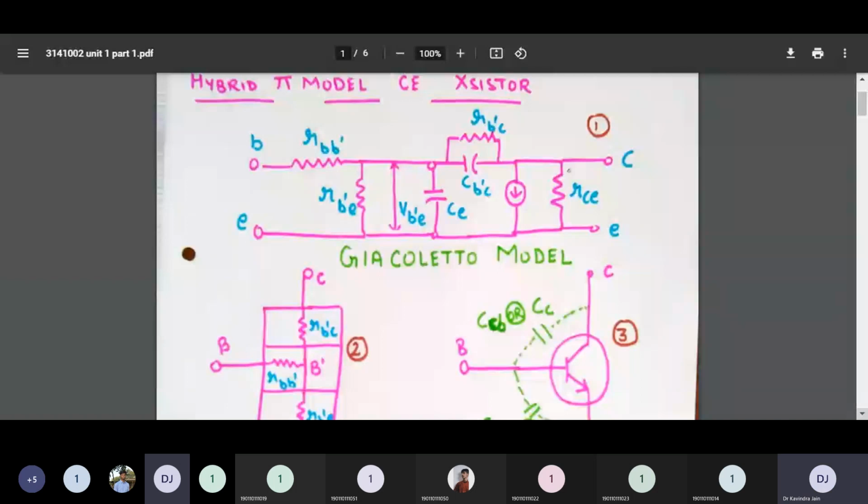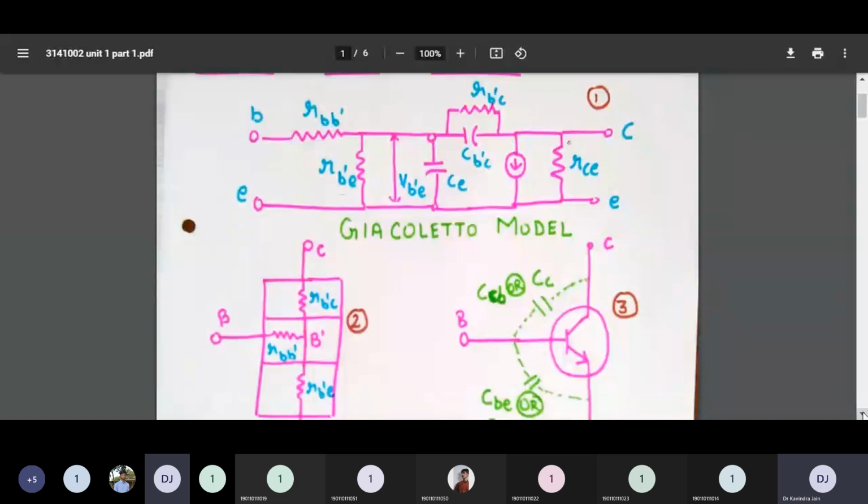So, a change in the effective base width causes the emitter current to change. This feedback effect between output and input is taken into account by the connection of R B dash C between B dash and C.